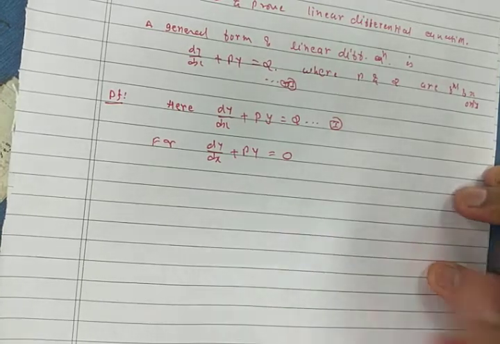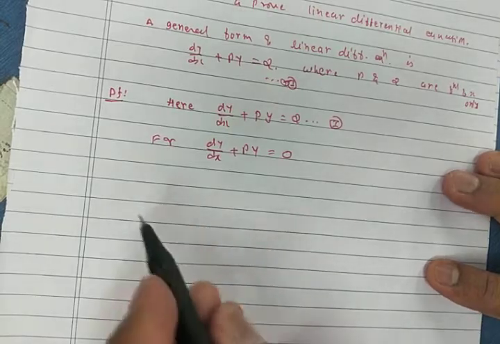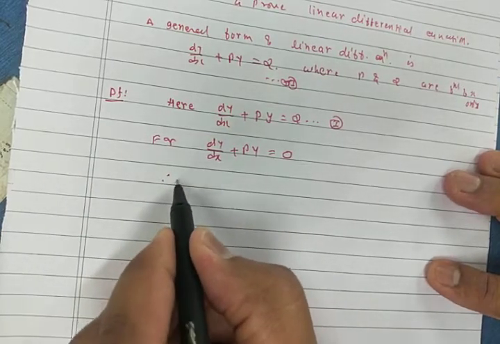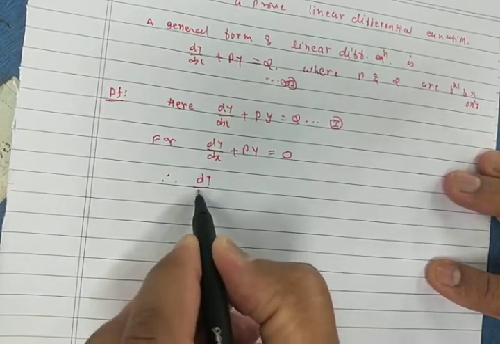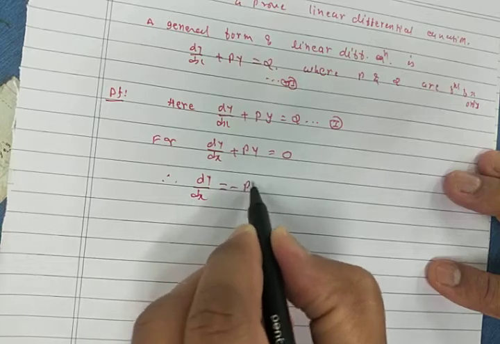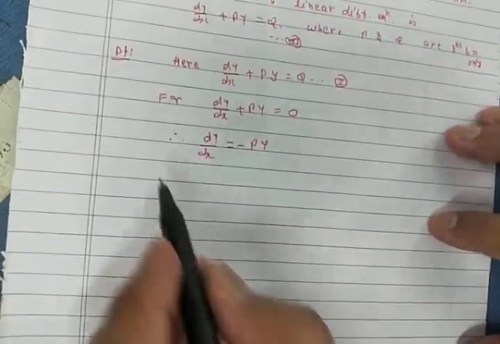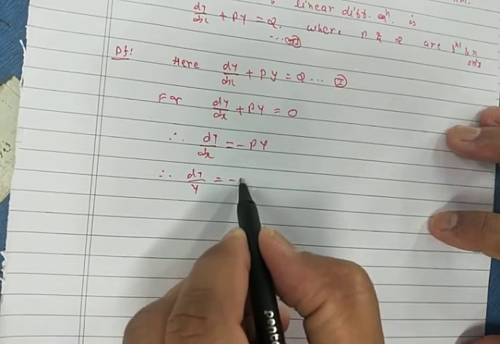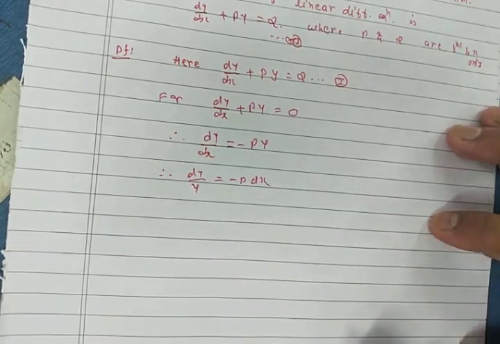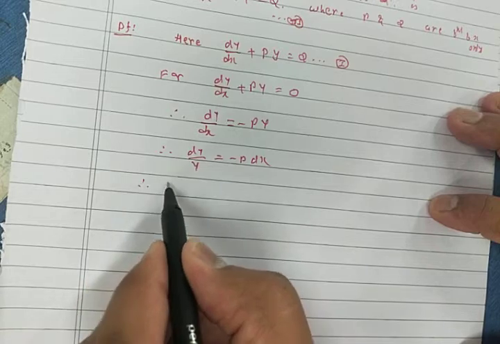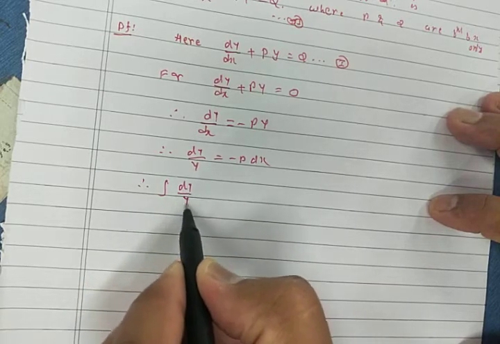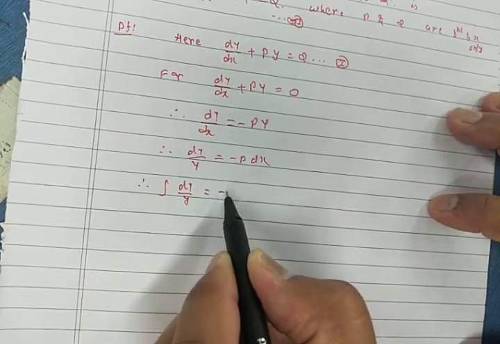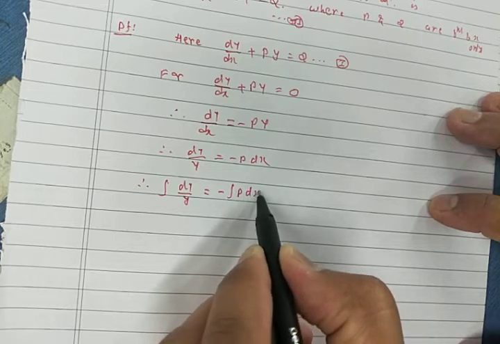So taking this as 0, dy by dx is equal to minus py, and so we get variable separable form, can we write in this way? Yes. Integral dy by y is minus integral p dx.